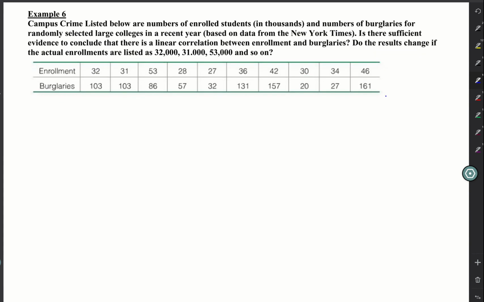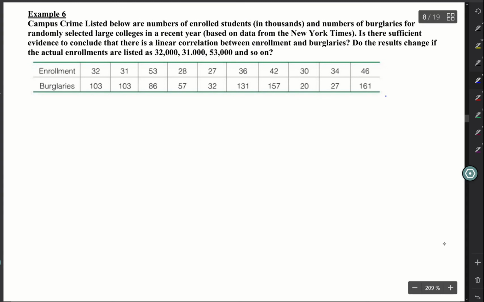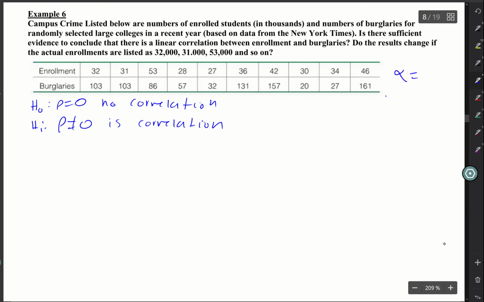So what's my null and alternative? Well, the null is that your population correlation is 0. And the alternative is that it's not 0 because we have no correlation or there is correlation. And I'm going to give us alpha of 0.05 because I forgot to type it in again.